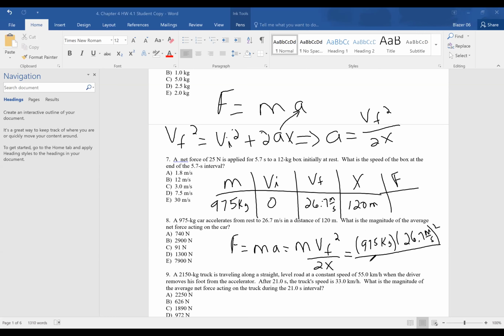All that's divided by 2 times 120 meters. Now, I want to write this out to show you something, because this will be a good thing going forward. You see, in your calculator, you cannot put in these letters. You're only putting in the numerical values.